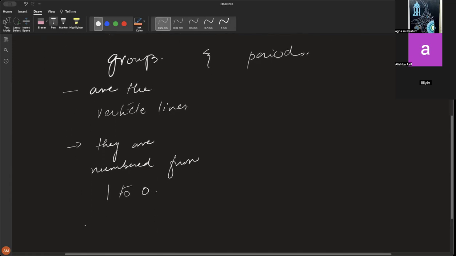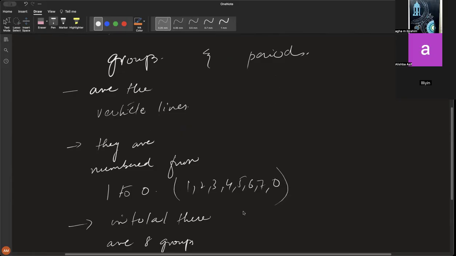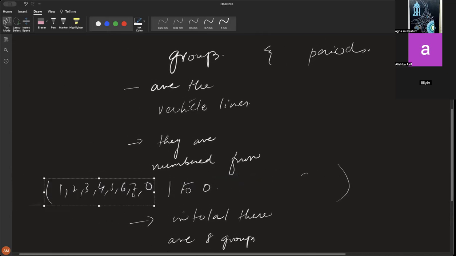In total, there are 8 groups. This is how they are numbered: 1, 2, 3, 4, 5, 6, 7, and 0. This is how they are generally numbered from 1 to 0. Is this clear?